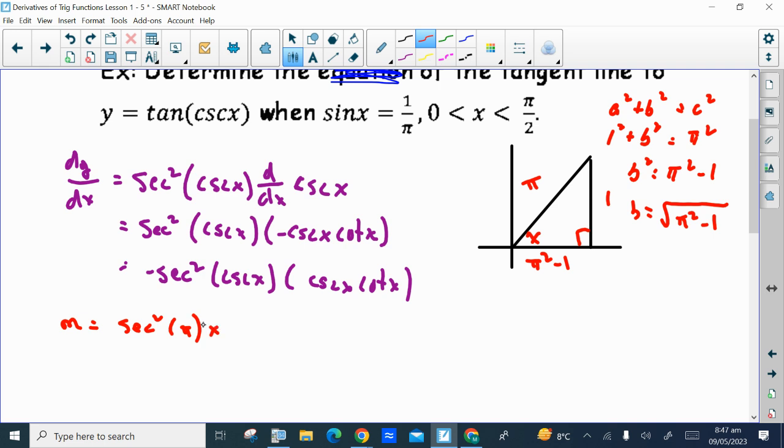And that's multiplied by the cosecant of x, which again is pi, times the cotan of x. And cotan is, well, tangent is opposite over adjacent. So the cotan will be adjacent over opposite. Root pi squared minus 1 over 1, or root pi squared minus 1.